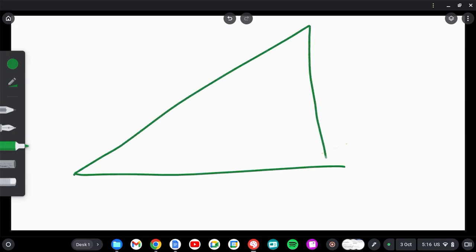If this whole thing is my triangle, watch carefully, which is the hypotenuse? A, B, or C?